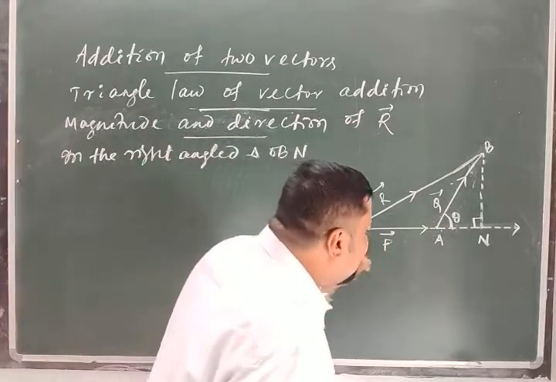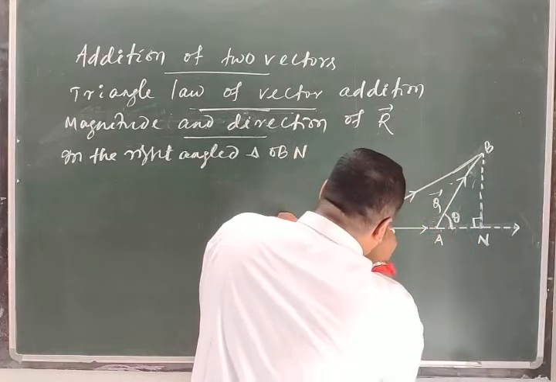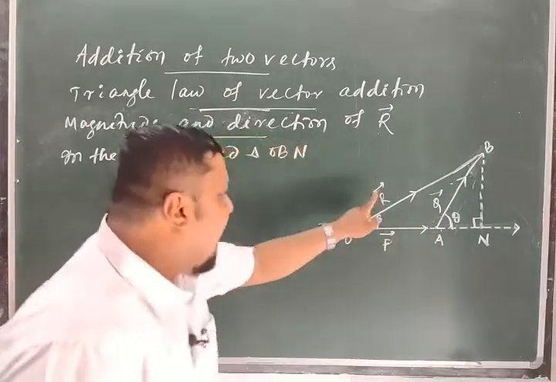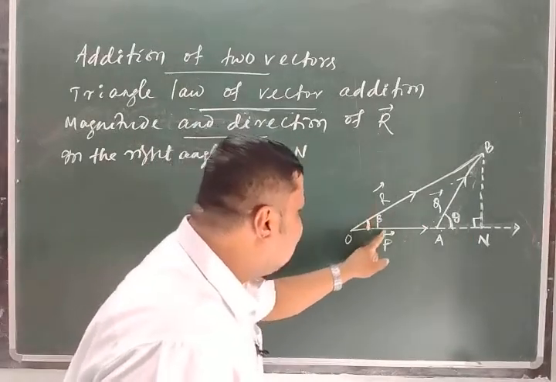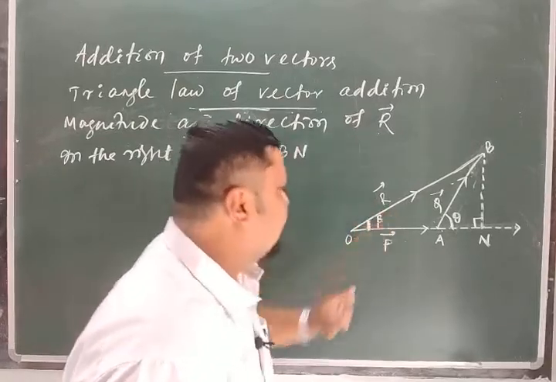How to find this angle? This angle we will calculate at a later stage. Let this be R, and let this angle be beta. R makes an angle beta with P. We will calculate this beta later.